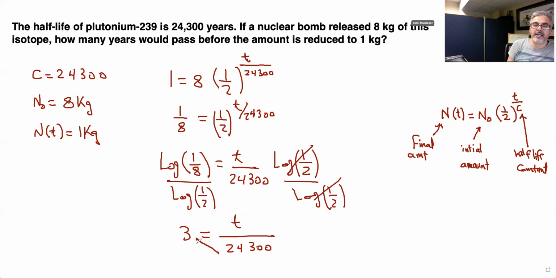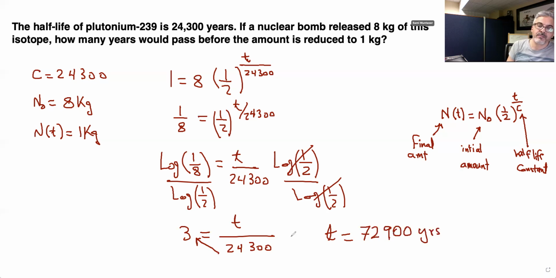Cross multiply that into the 3. So you just multiply 24,300 times 3 to get what T is, which equals 72,900 years.